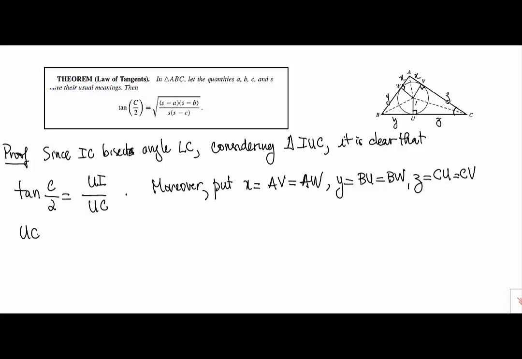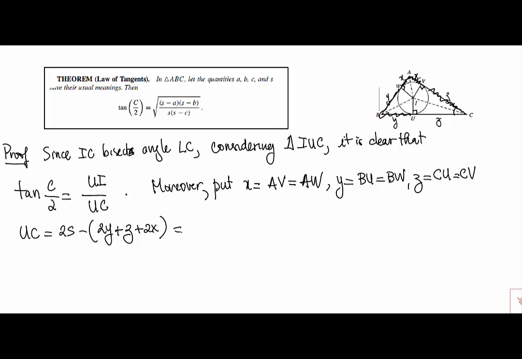Then you can see that UC is going to be the perimeter, which is 2s, since s is half of the perimeter, minus 2y plus z plus 2x. So we take the perimeter, we remove 2y, so we remove this side and this side out of the perimeter, and we remove 2x, and we're left with UC, which is of course z.